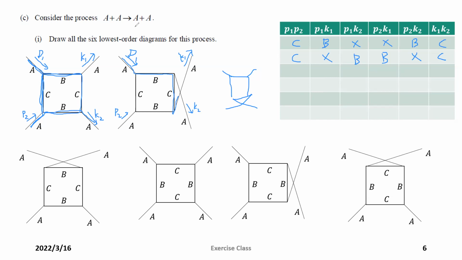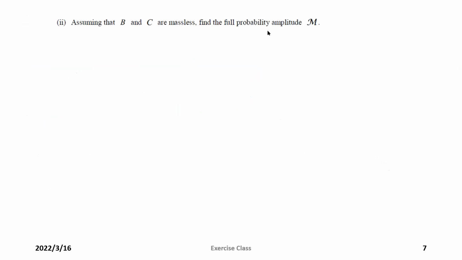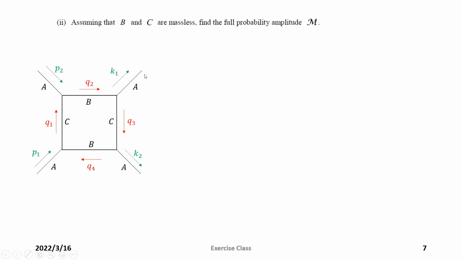So next, we want to use these 6 diagrams to calculate the probability amplitude. And we can first consider this diagram. So we just write down, label all the external four momentum and also the internal four momentum.